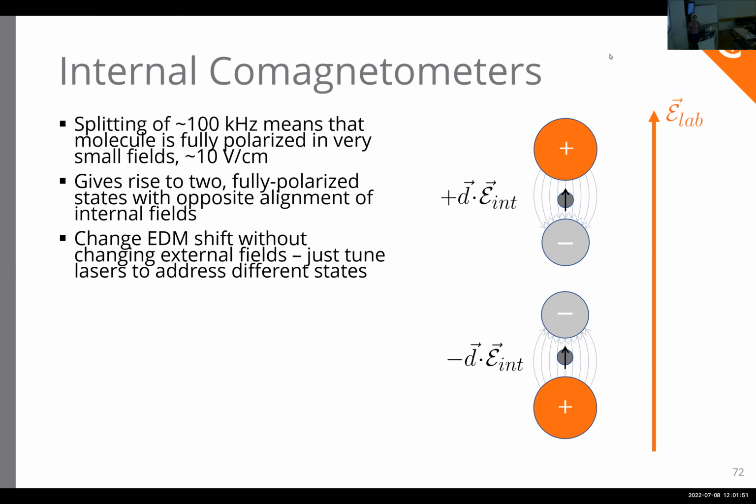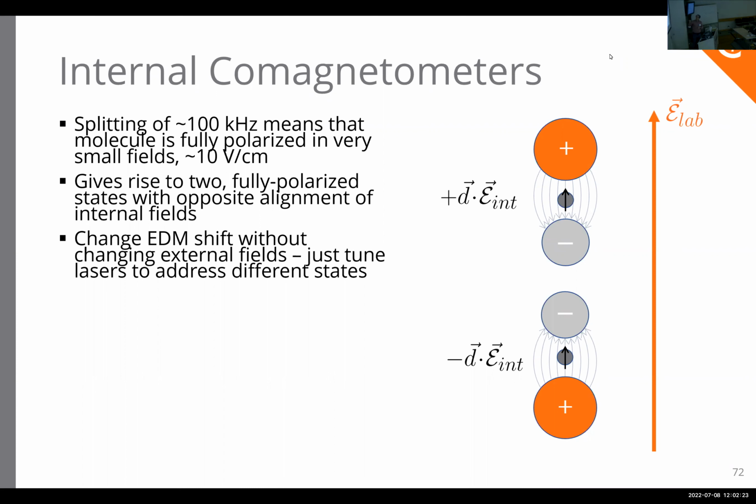But maybe even better than that is that you can play a really cool trick, which is called an internal comagnetometer. And here's the idea: if you can fully polarize the molecule, it means you can put the molecule in a state where it has its dipole up or its molecular dipole down. These two states are split by some energy which is very easy to resolve with a laser. So you can basically just tell the molecules to go here or go here.